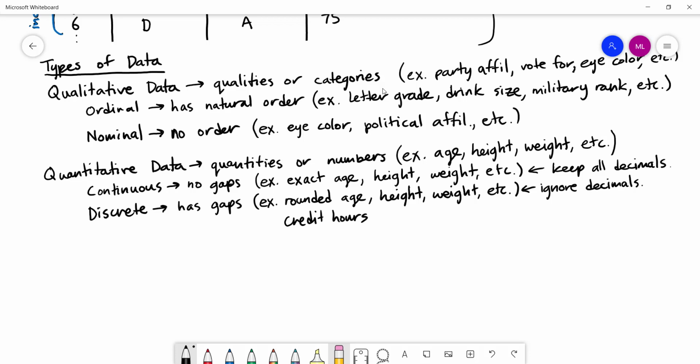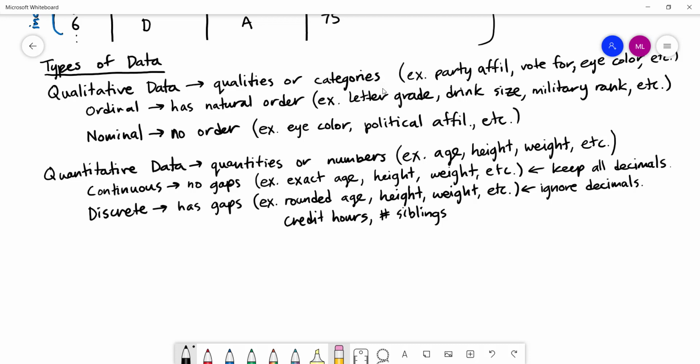So there are some other examples, things like credit hours. How many doors are on your car? How many siblings do you have? And even if you count half siblings as halves, that would still be discrete. So we're allowed to keep decimals as long as there's still gaps. Even if you're counting half siblings, you can have 2 siblings or 2.5 siblings or 3 siblings, but you can't have anything in between the 2.5 and the 3.